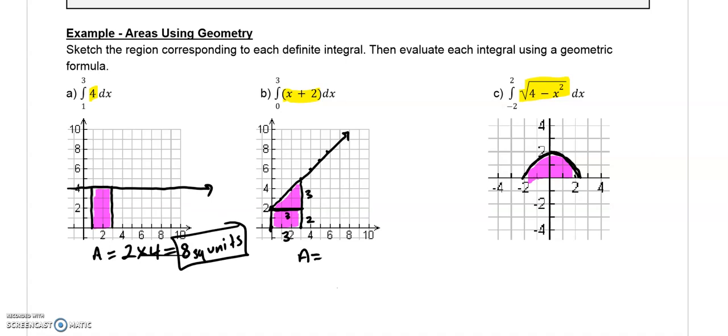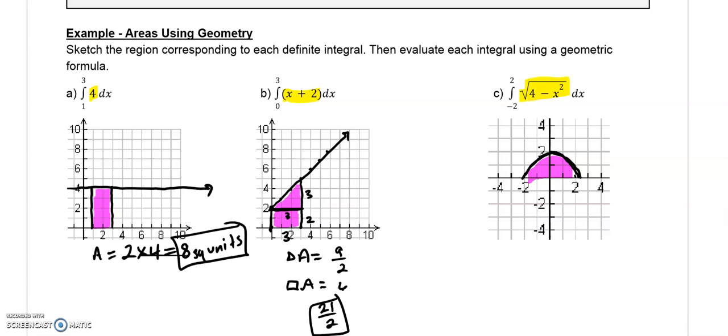So area of the triangle is going to be 3 times 3 times 1/2, which is 9 halves. And then the area of the rectangle is just going to be 3 times 2, which is 6. Then when you add those together, you end up with something like 21 halves. However, if you wanted to simplify that down, you could.